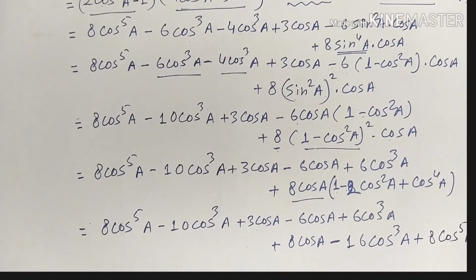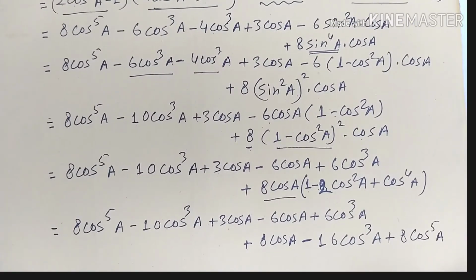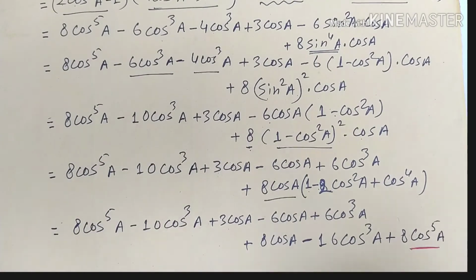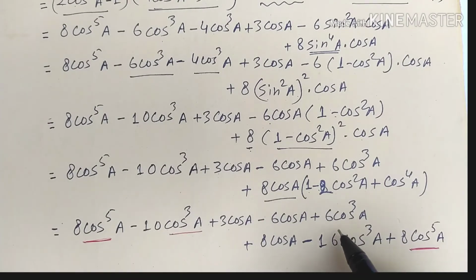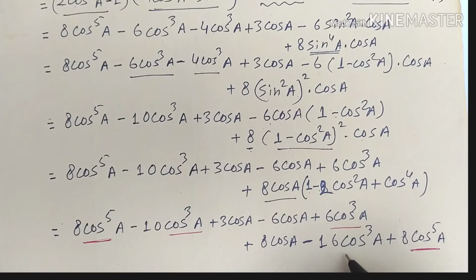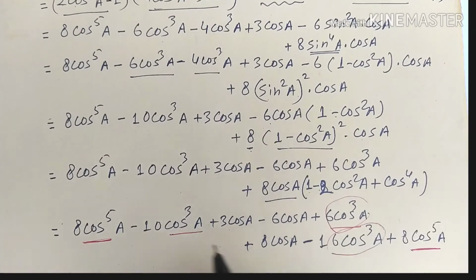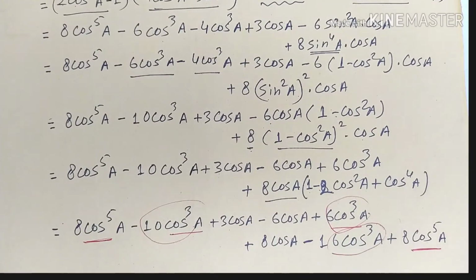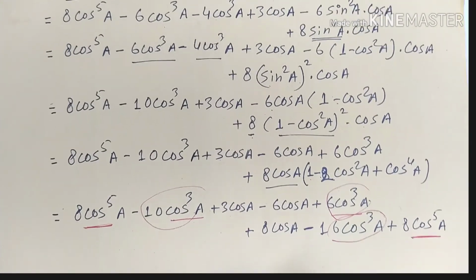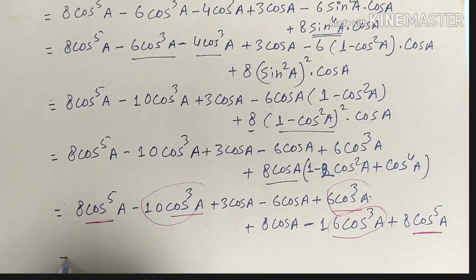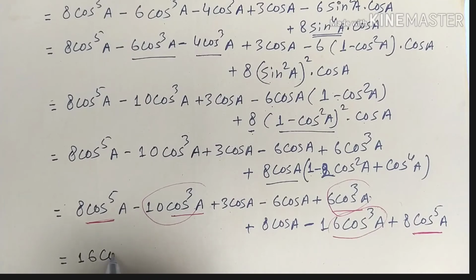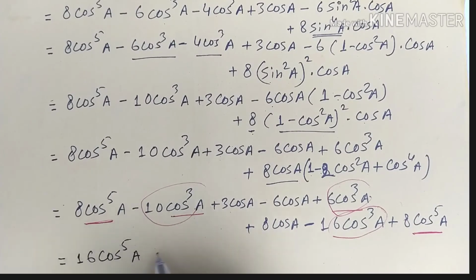Now you can see that this term and this term are similar, and here is cos cube a and here is also cos cube a. You can write plus 8 cos power 5a plus 8 cos power 5a. If you add, you will get 16 cos power 5a.